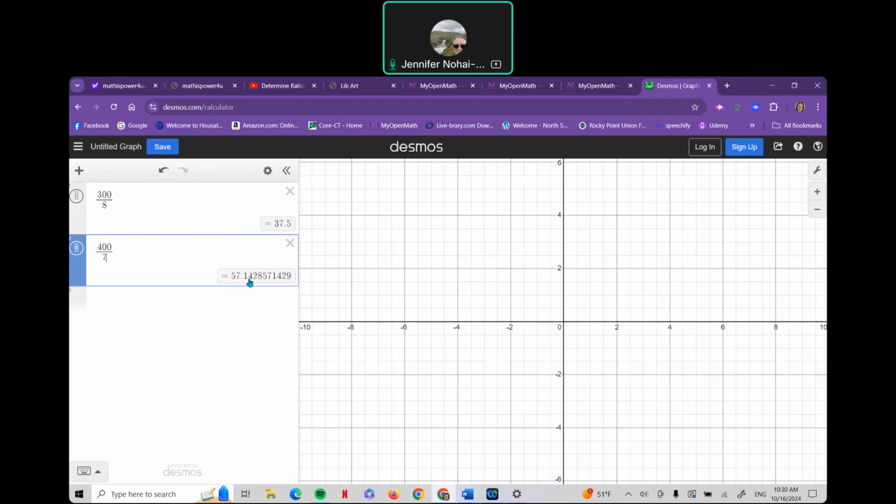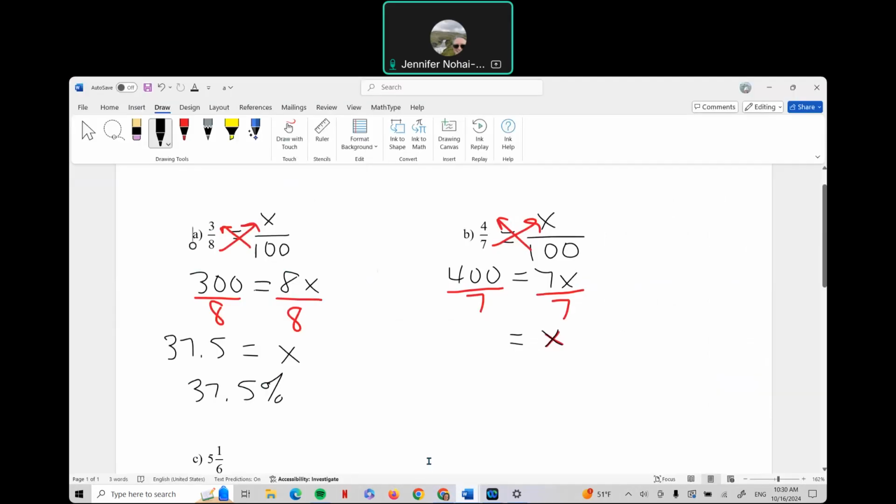The 2 is not big enough to bump that 4 up, and so we have the equivalent 57.14. And that 57.14 can be rewritten with the percent sign, because that 57.14 is out of 100.